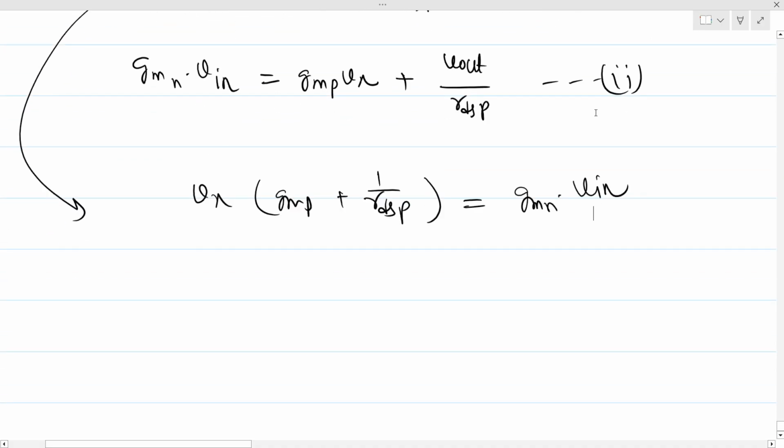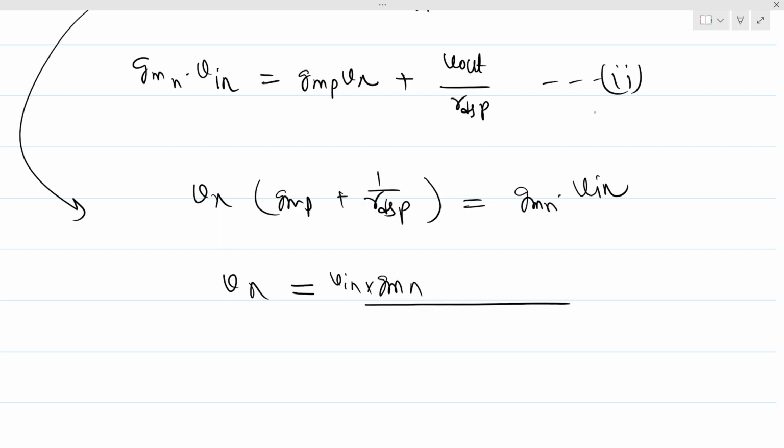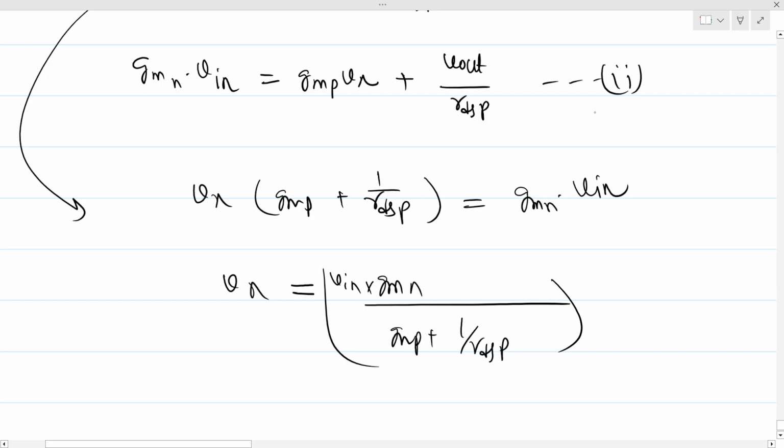Now from here I can write Vx is nothing but GMN V in times GMN divided by GMP plus 1 by RDS of P. Okay, so let me write that.